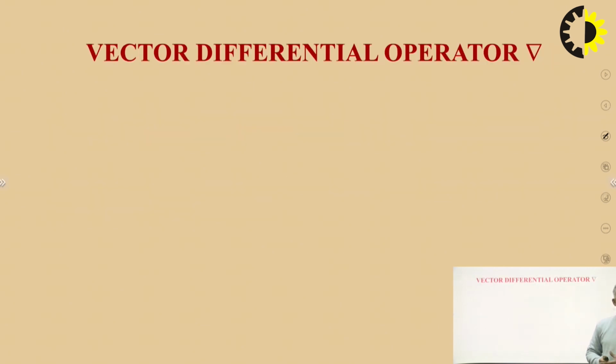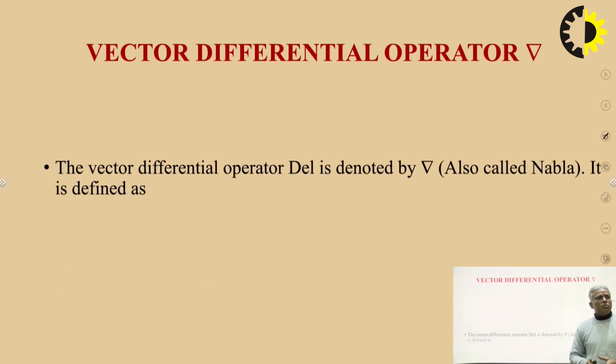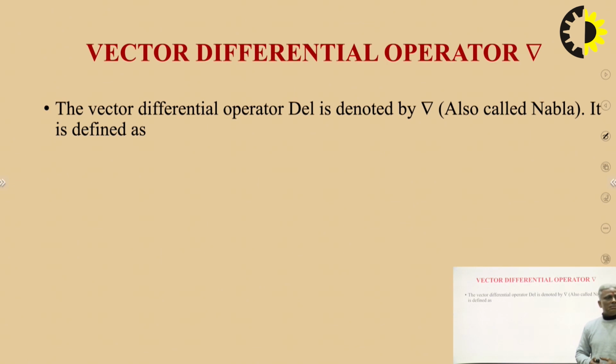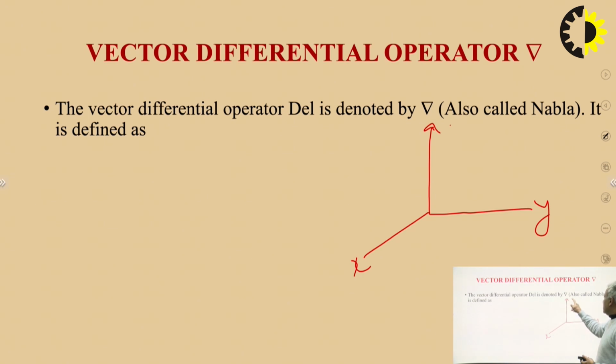In the same way, there is the vector differential operator. It was first introduced by a mathematician, and it is known as the differential operator. Suppose in a 3D object, this is the x-axis, this is the y-axis and this is the z-axis.